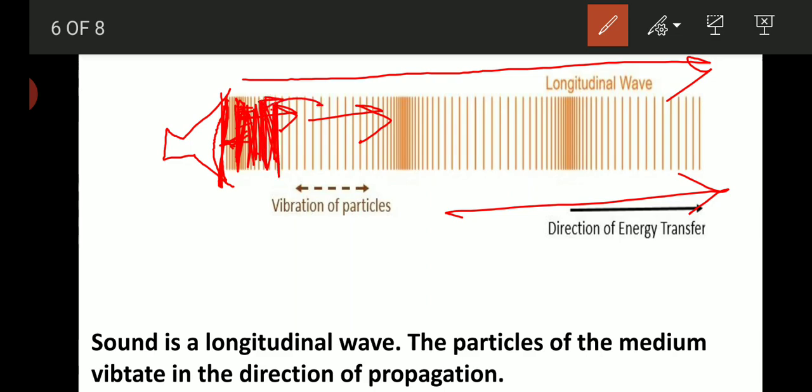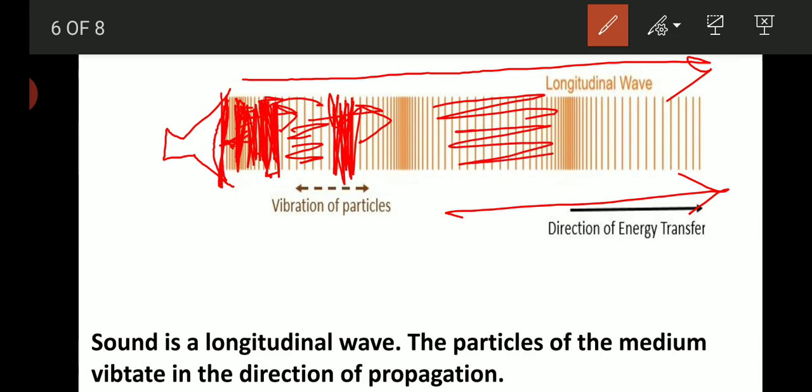In the next region the particles again move away from each other, and in the next region the particles again come close to each other. The region where particles come close to each other is known as the compression region, and the region where the particles move away from each other is called the rarefaction region. So by continuous compression and rarefaction, the sound energy proceeds from the source.